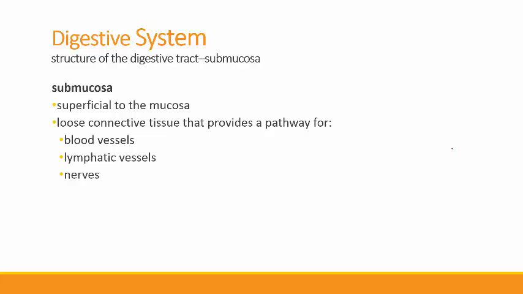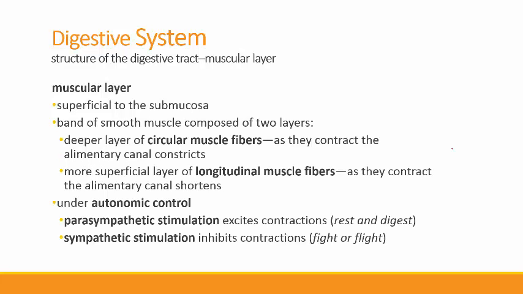The loose connective tissue provides a pathway for blood vessels, for the lymphatic vessels, and for nerves to travel along. The muscular layer is a band of smooth muscle. It has two layers to it. The deepest layer is circular muscle. That means that the muscle fibers are arranged so that they wrap around the tract.